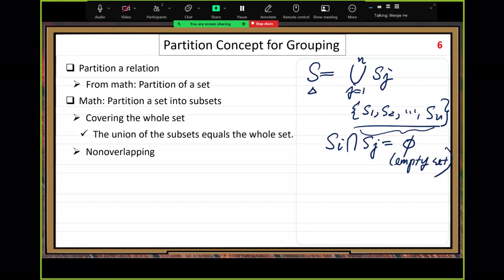No overlap between any two subsets, Si, Sj. This is the non-overlapping condition, the second condition. The intersection of any two sets is empty.